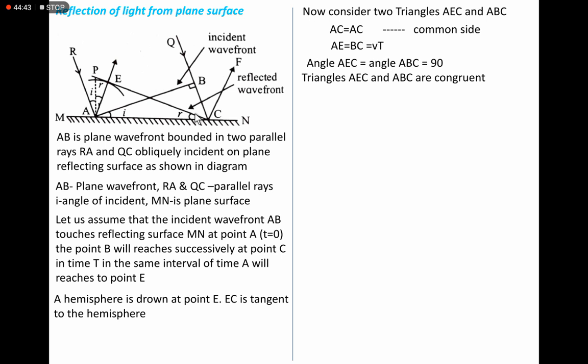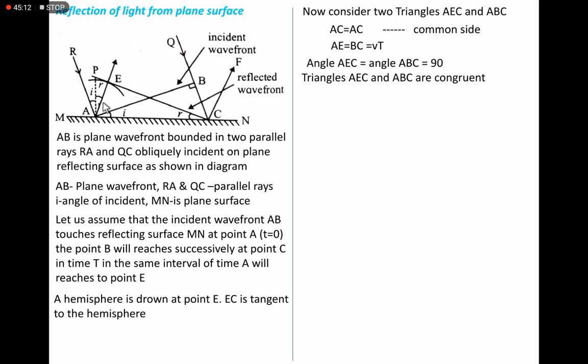Okay, it's not in my explanation. You write it. This angle, that is EAC, this is the reflected angle R, and PA is the normal, so this is 90.